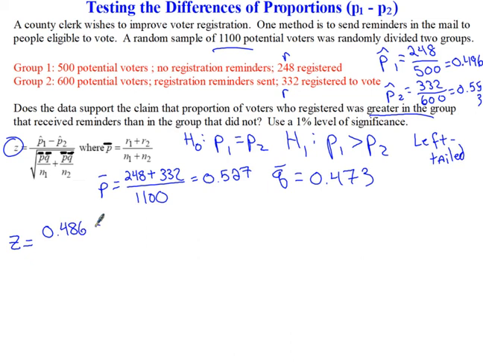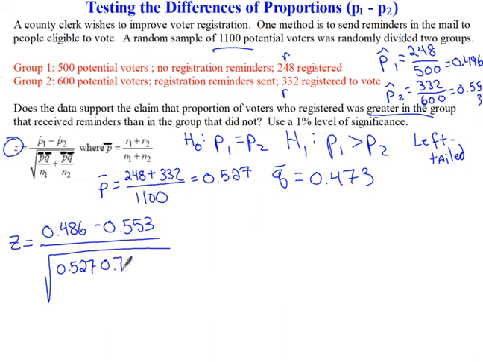So z-score: 0.496, there's our first p hat. Our second p hat, 0.553, divided by the square root of p bar, 0.527 times 0.473, all over the n that they came from. So the n was the first group, 500.